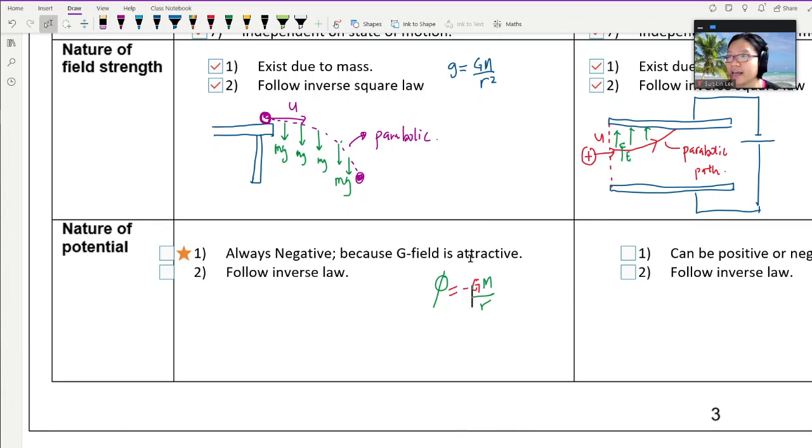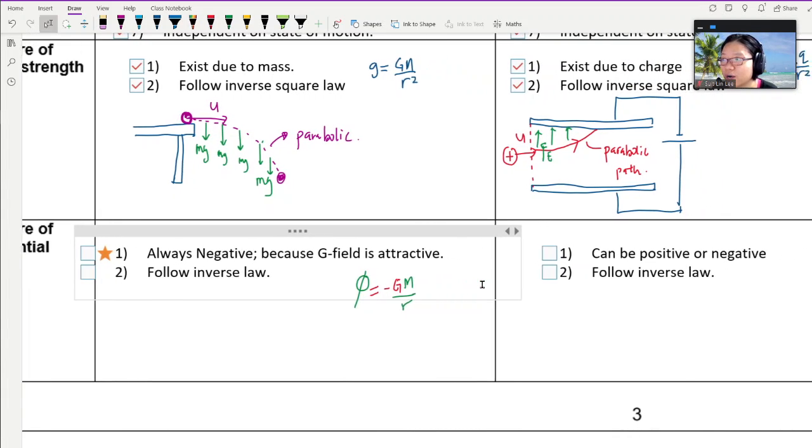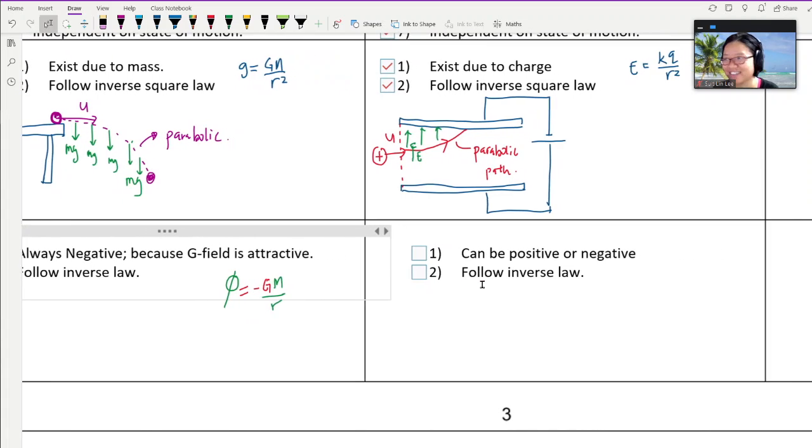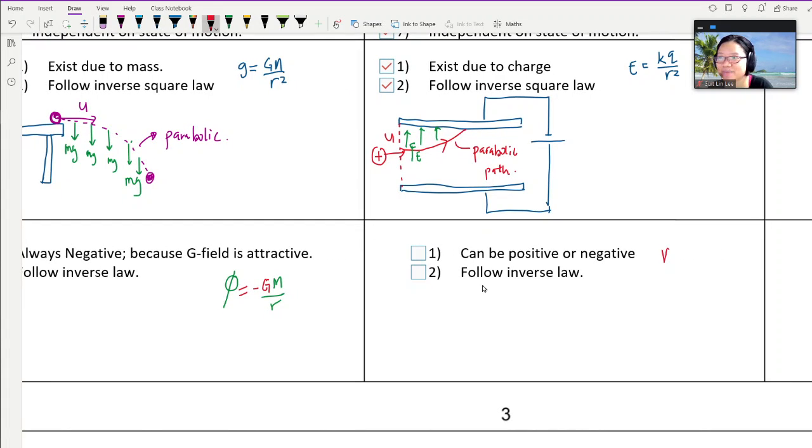All right, and for our electric potential, V, it can be positive or negative depending on the charge polarity. Okay, but both will follow inverse law because of the 1 over r. So V is proportional to 1 over r, and the gravitational potential is also proportional to 1 over r.